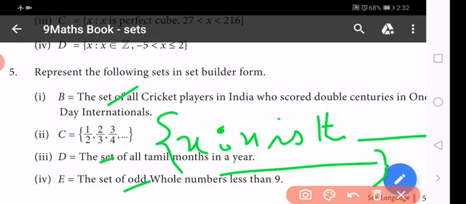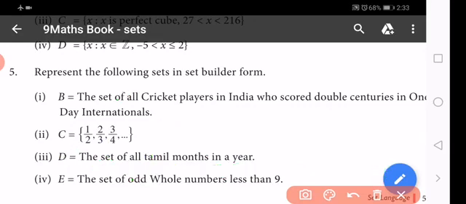That's all. This is the set builder form. For example, the set of all Tamil months in a year: for all x such that x is the, we omit the words set of all. So x is the Tamil month in a year. That's all. So in the descriptive form, we avoid the set of all.